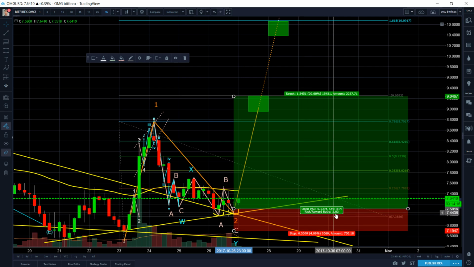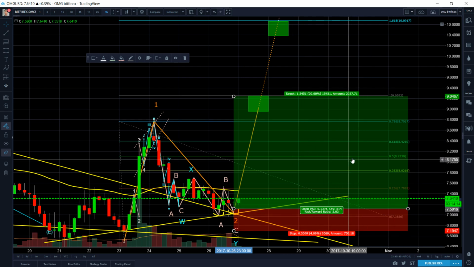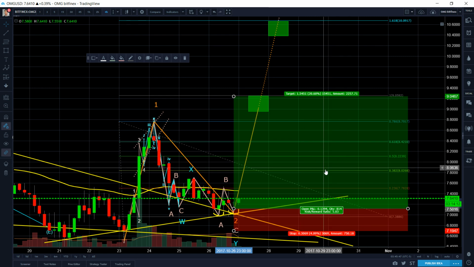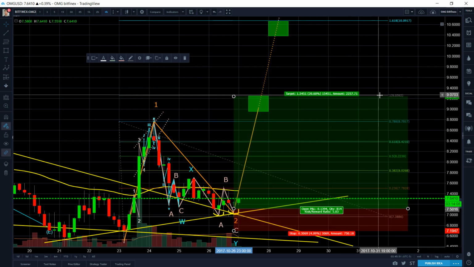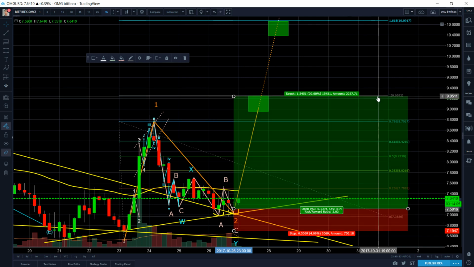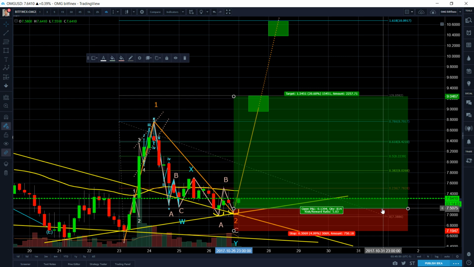How is this divided? Simple. You take the price difference in the green area divided by the price difference in the red area. So you're taking $9.05 minus $7.50, whatever that comes out to, and then you divide it by the difference between 750 and the lower area here, which is 720.